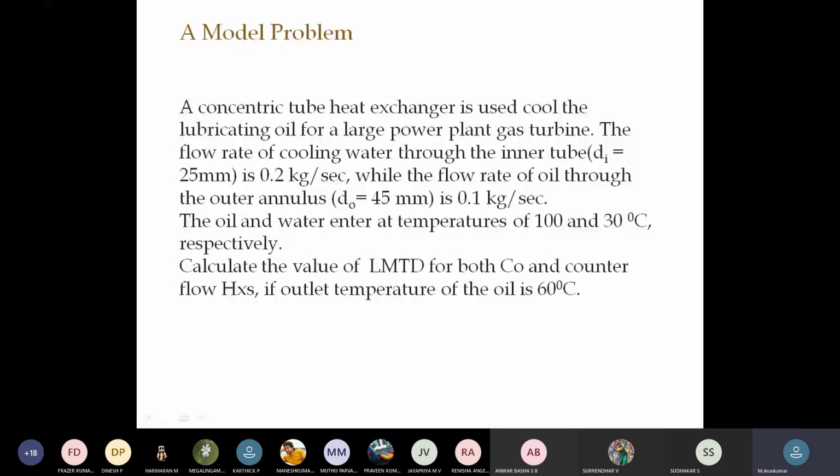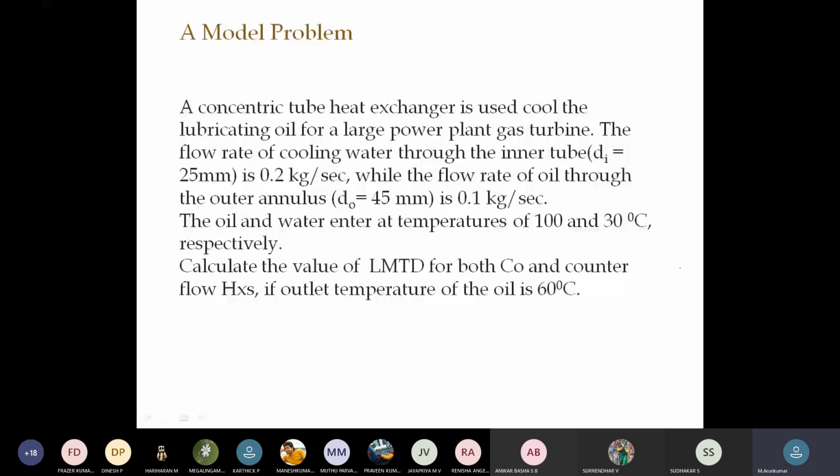While for the oil flowing through the outer annulus, the outer diameter D is given, and the mass flow rate m dot of the other fluid is given. Then the temperatures T1 hot and T cold are given. Calculate the LMTD for both co-flow and counter flow heat exchangers.